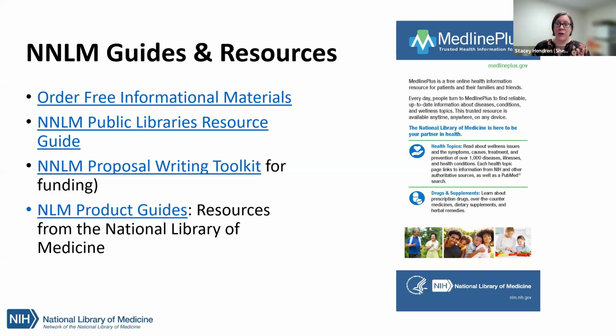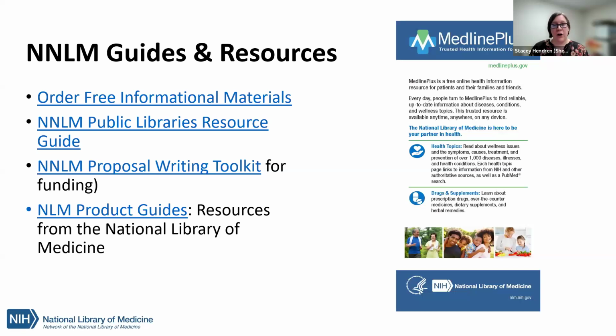The Public Libraries Resource Guide is focused on health information needs in public libraries, including programming and collection information, though I would say it has information that's beneficial for all types of libraries. The Proposal Writing Toolkit has a lot of guidance, examples, and resources for grant writing.